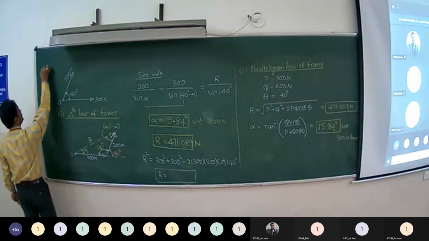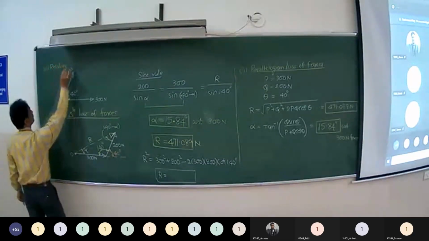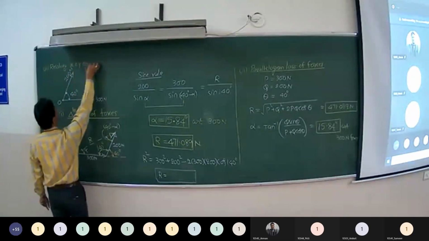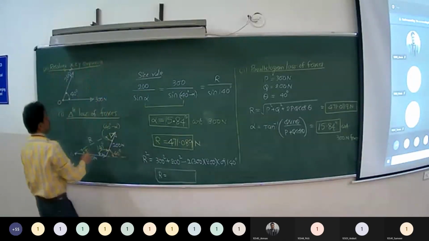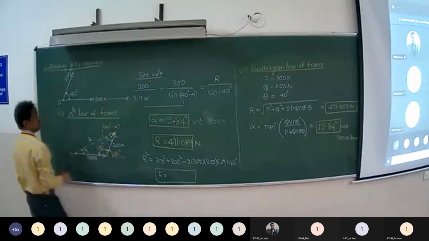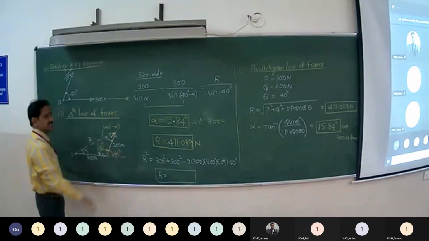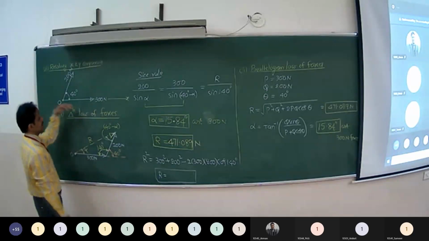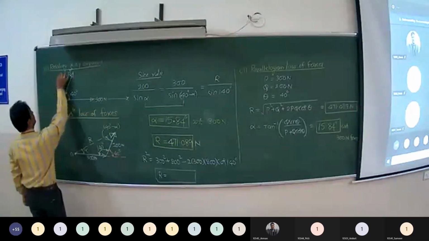Now the third method is resolving each force into x and y components. Here I am going to consider x-axis along 300 Newton force. Not necessarily 300 is horizontal, remember. But I am taking x-axis along 300 and the y-axis is perpendicular to it.